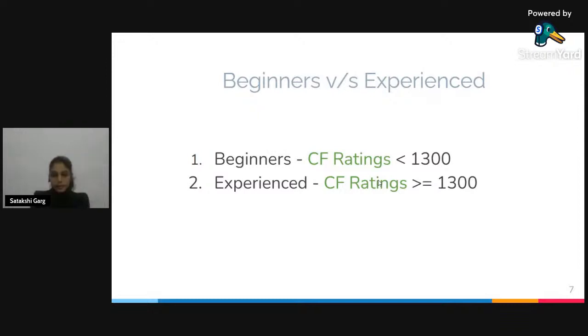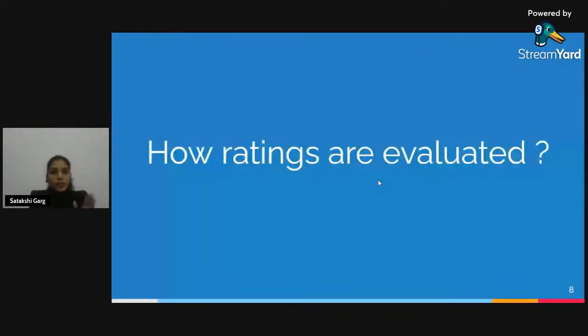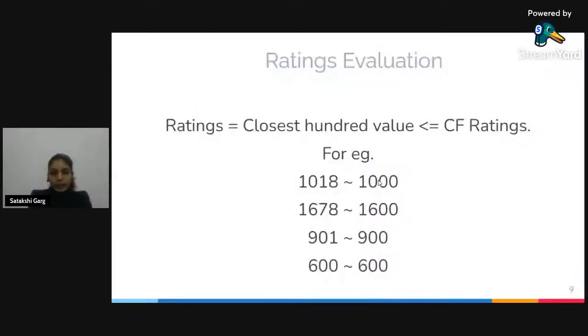Then now, how are these ratings evaluated? Let me just throw some light on how the system would be tracking your ratings. The slide is enough to explain it, but still let me explain it a bit. Suppose your rating is 876, right?